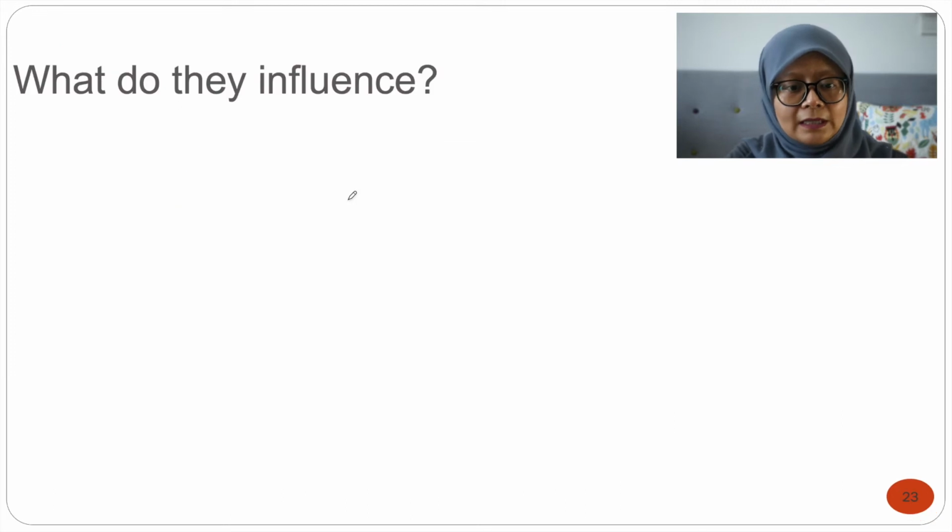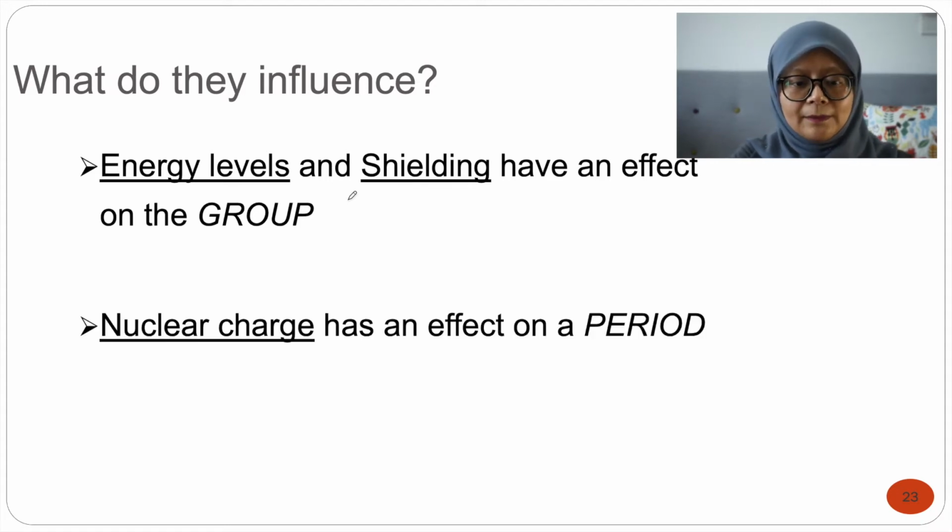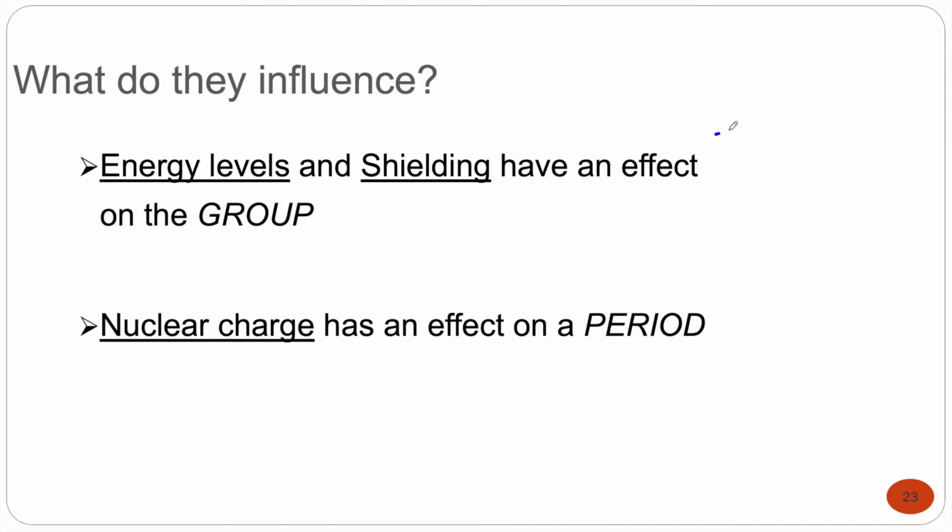And then what do they influence based on the atomic size? First thing is the energy levels, and the second one is the shielding, which have an effect on the group. And nuclear charge has an effect on the period. So energy level and shielding focus on the size. If you have a higher energy level, you have a bigger size. If you have a large amount of shielding effect, you have a large size.